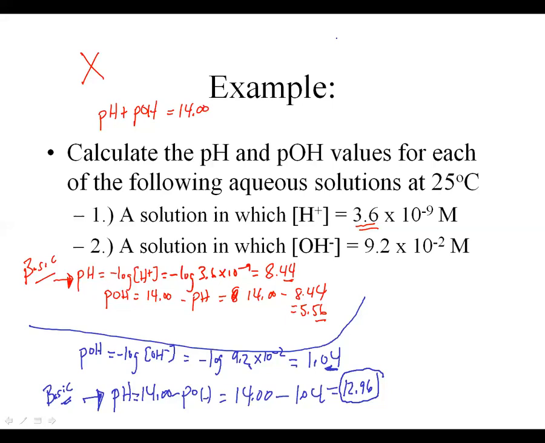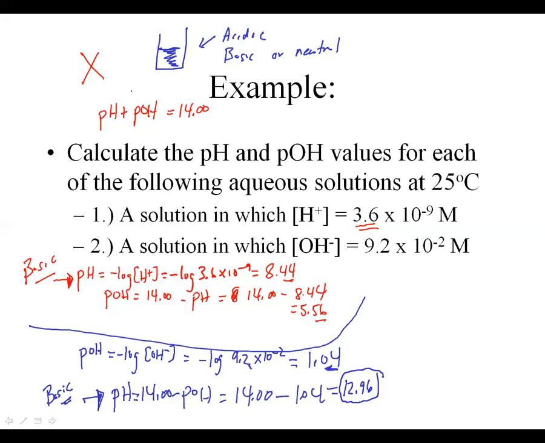So if you have this solution sitting here in this beaker, for example, this solution will either be acidic, basic, or neutral. Yeah? So it will not be all three of those things. It will not be two of those three. It will just be one of those things. That solution sitting in there will either be acidic, basic, or neutral.